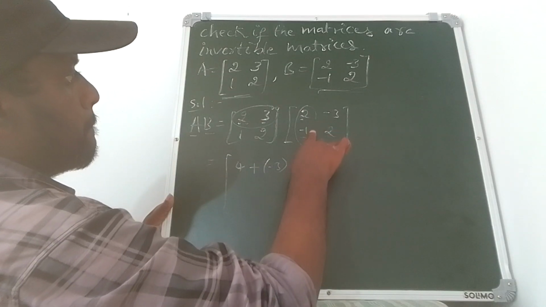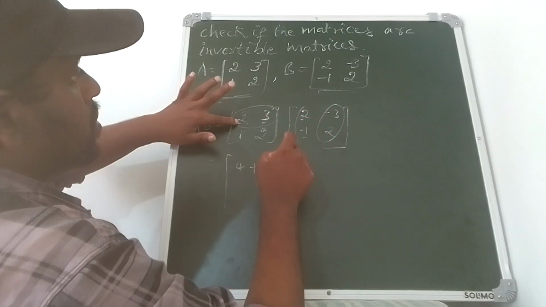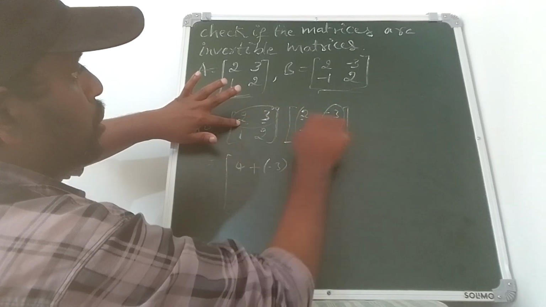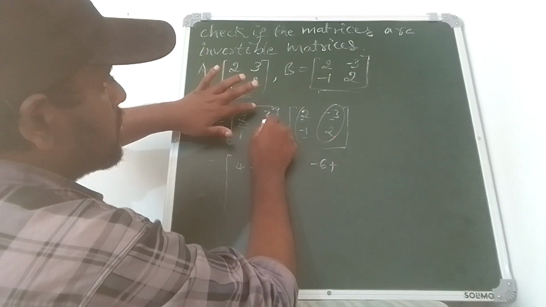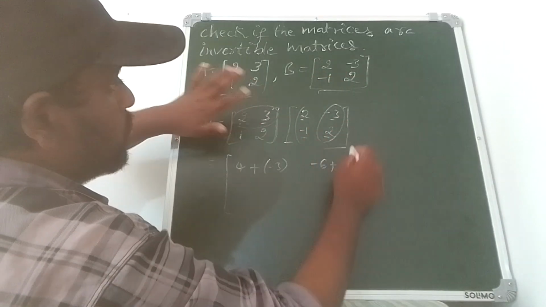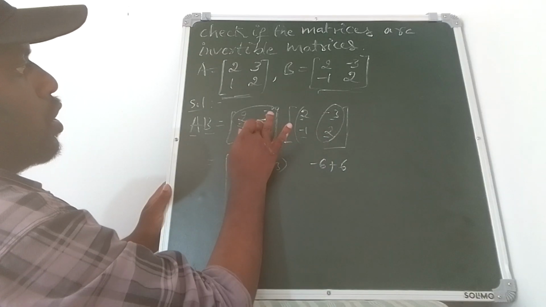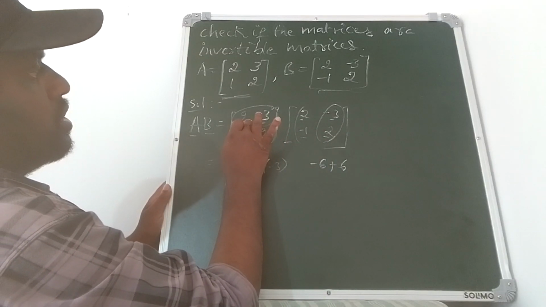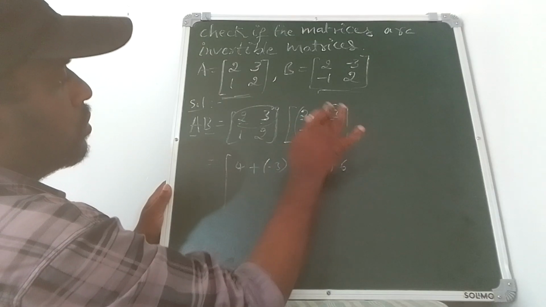Now consider this second column. First element, 2 into minus 3, minus 6. Plus second element, 3 into 2, 6. Next. Now this row is considered with column 1, column 2.